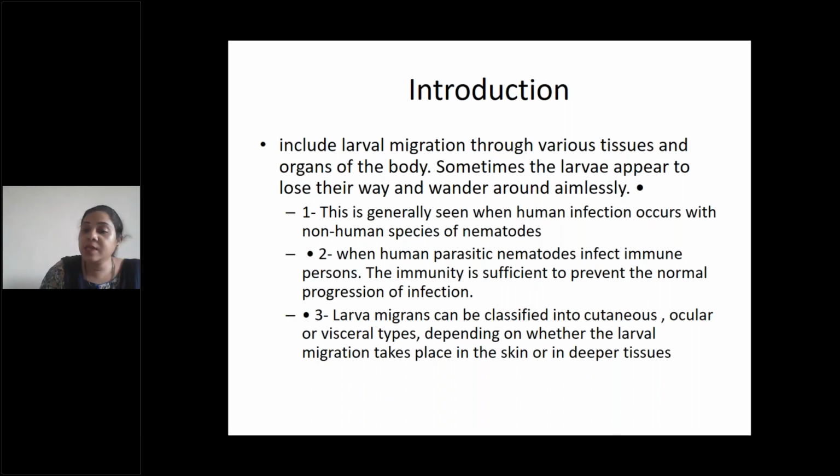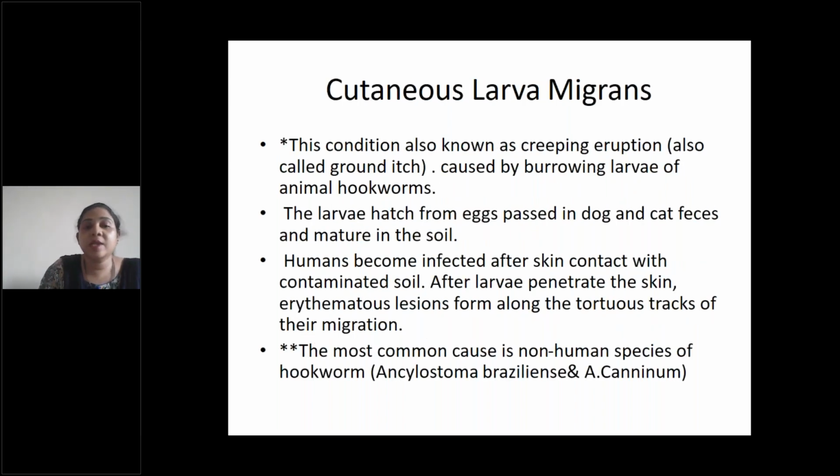When the migration is taking place in deeper tissues, it is called visceral larva migrans. Cutaneous larva migrans, we have learned this in the Ancylostoma class, right? Also called creeping eruption, or follow creeping eruption from Ancylostoma.